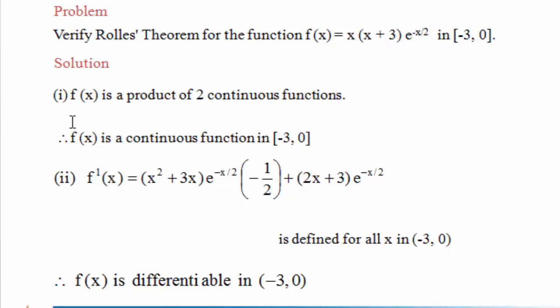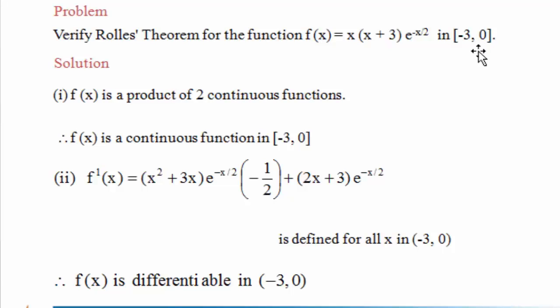Let us start the solution. What is the first step? We have to take the first condition: is f of x continuous on the closed interval or not? So we have to check it. Since f is a product of continuous functions, and we know very well the product of continuous functions is again continuous, the first condition holds. Now the second condition of Rolle's theorem: f should be differentiable on the open interval (a, b), means (-3, 0).